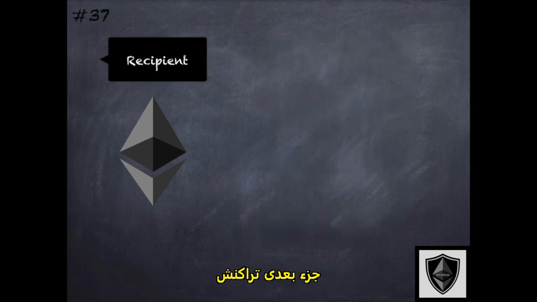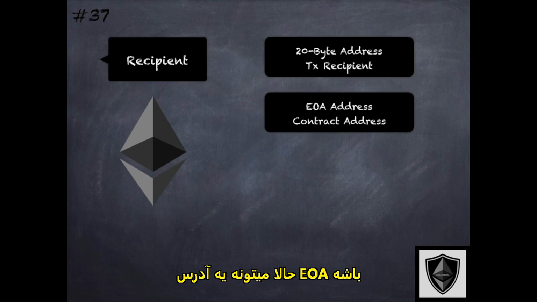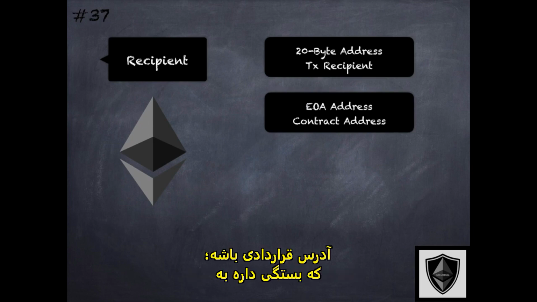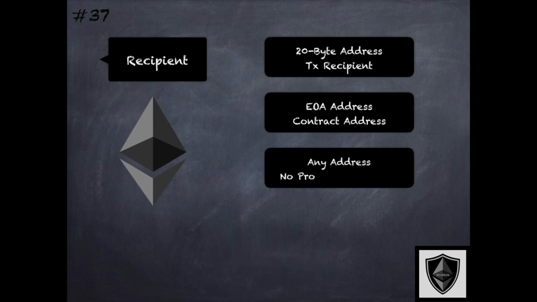The next transaction component is the recipient. This is the 20-byte address of the recipient account that the transaction is targeting. Now this could be an externally owned account address, or this could be a contract address. It really depends on the target of that particular transaction. And this could really be any address on the Ethereum blockchain or on the Ethereum protocol.